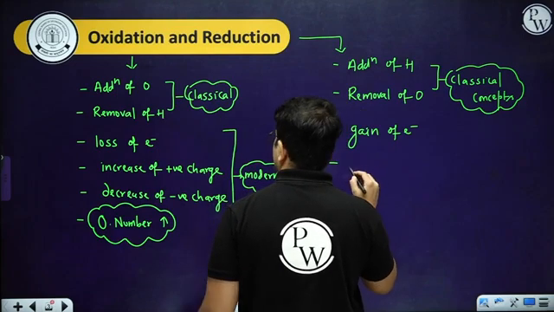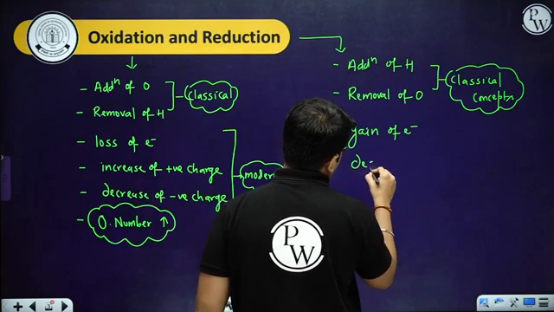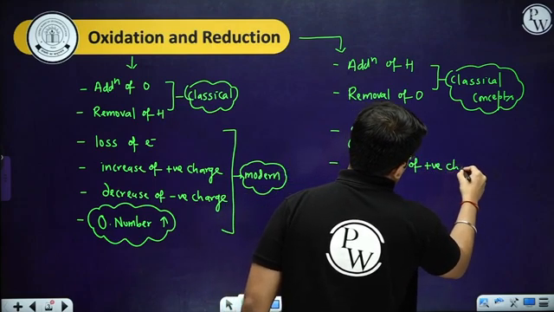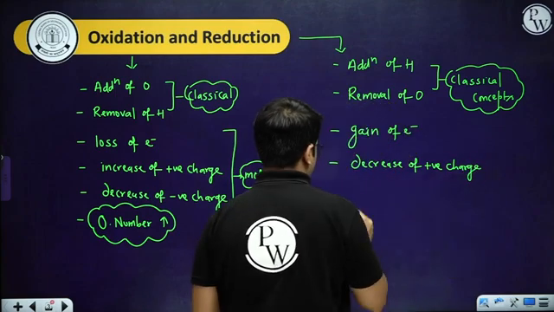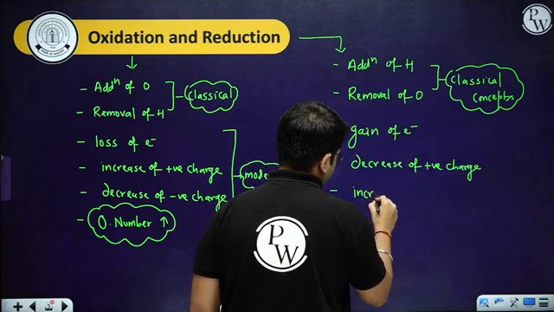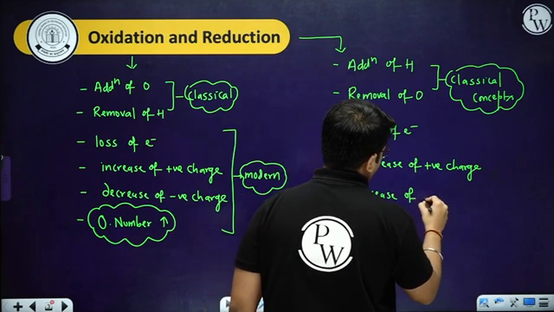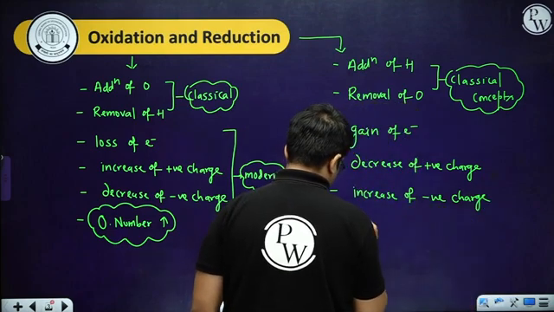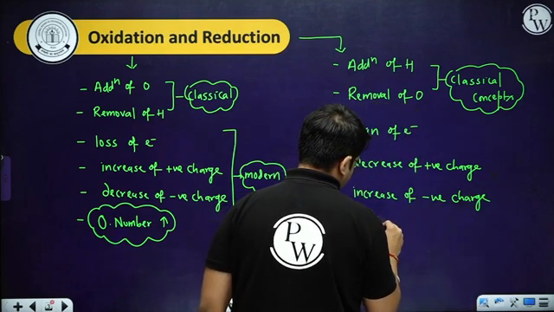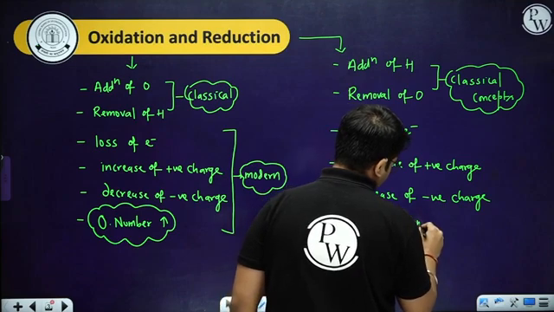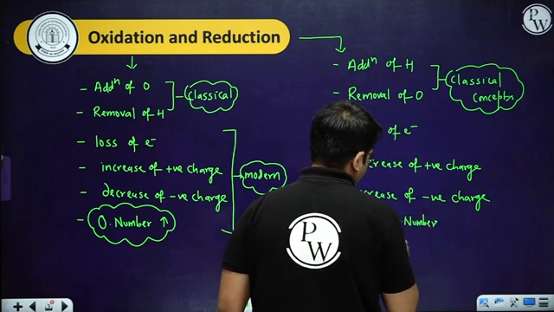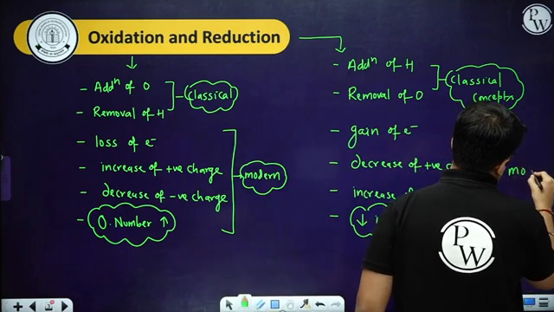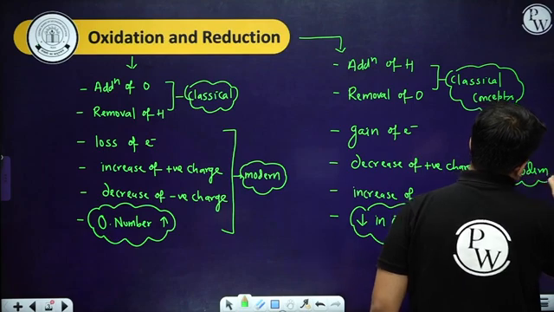Then you can say decrease of positive charge, or increase of negative charge, or one more thing, which is decrease in oxidation number. So these concepts are basically your modern concepts.